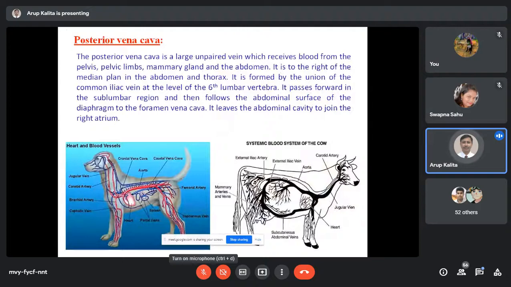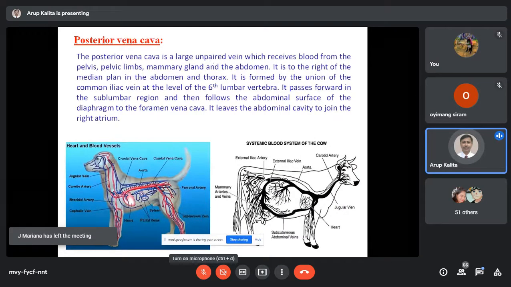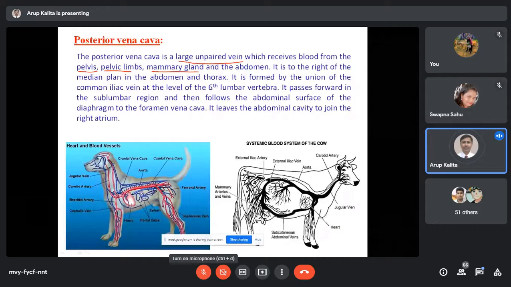The next vein is the posterior vena cava. The posterior vena cava is a large unpaired vein. It is a single vein which receives blood from the pelvic region, pelvic limbs, mammary gland, and abdomen. These are the 4 different parts from which the impure blood is collected and joins the posterior vena cava.